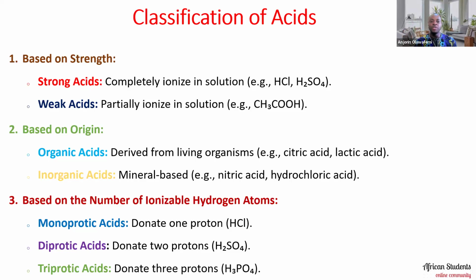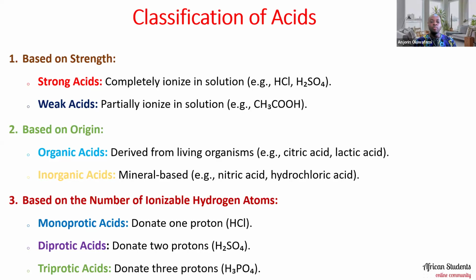Also, based on origin, we can classify acids as organic acids and inorganic acids. Organic acids derive from living organisms, e.g. citric acid, lactic acid, and so on and so forth. Inorganic acids, on the other hand, are mineral-based, e.g. nitric acid, hydrochloric acid. The third classification is based on the number of ionizable hydrogen atoms.